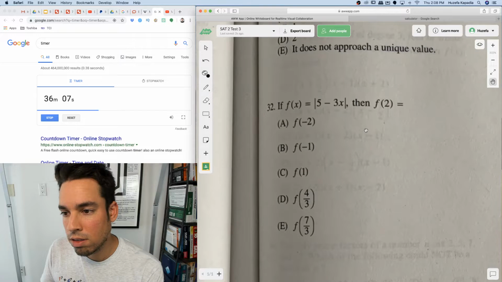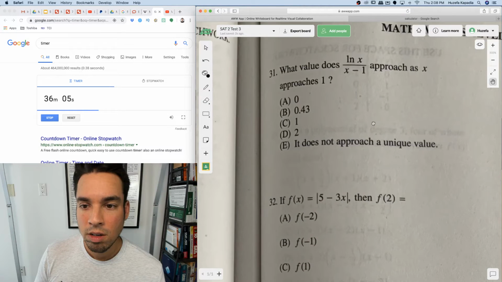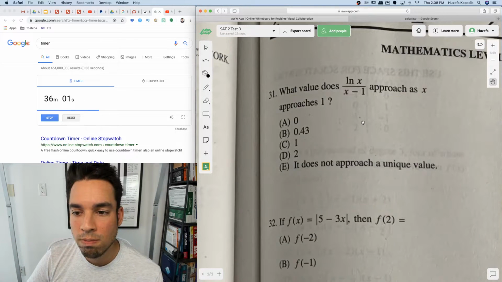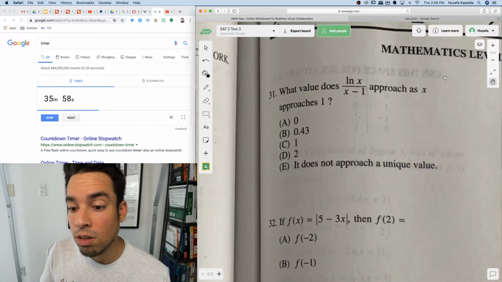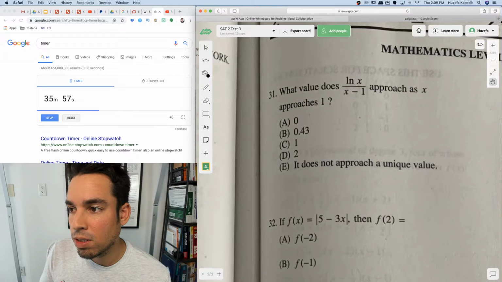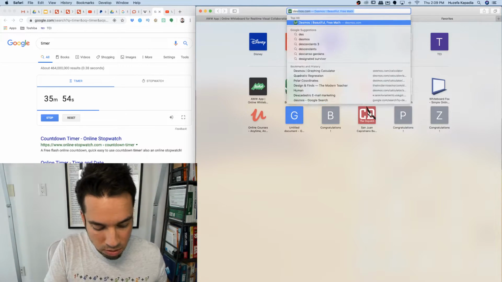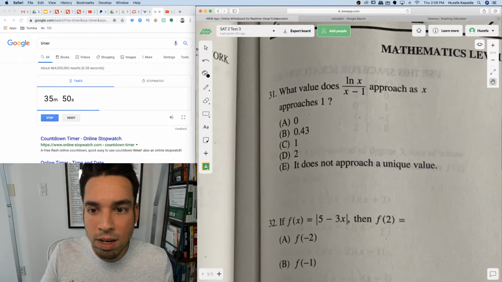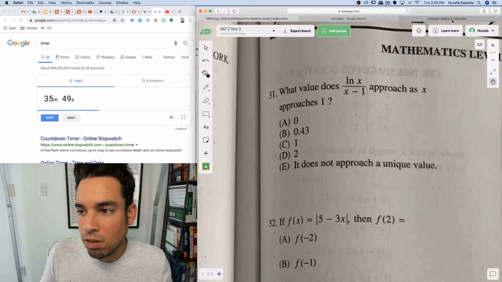Next. What value does ln of x over x minus 1 approach as x approaches 1? I don't know, but I'm going to graph it in Desmos. That's what you should use your graphing calculator for. Maybe there's a better way to do this or a non-graphing calculator way, but I don't know and I don't care.